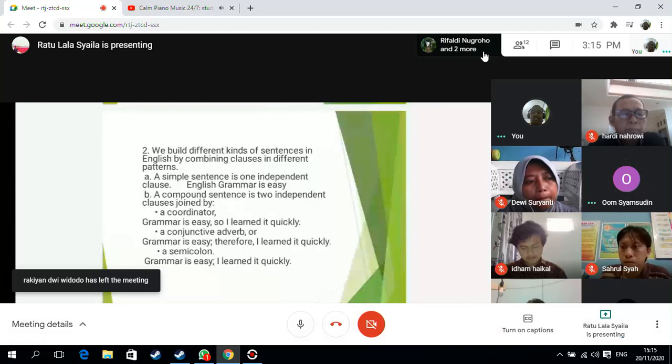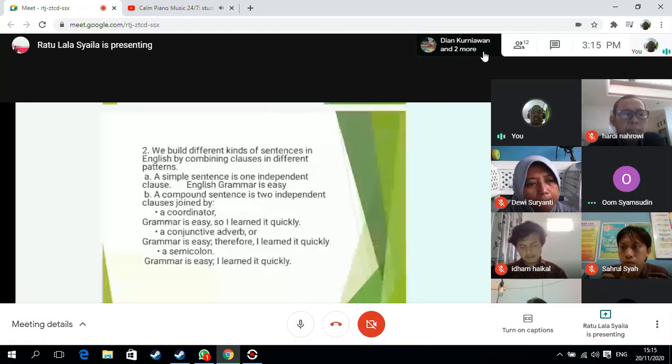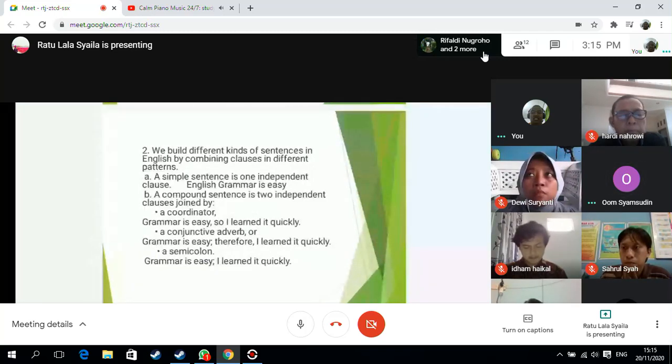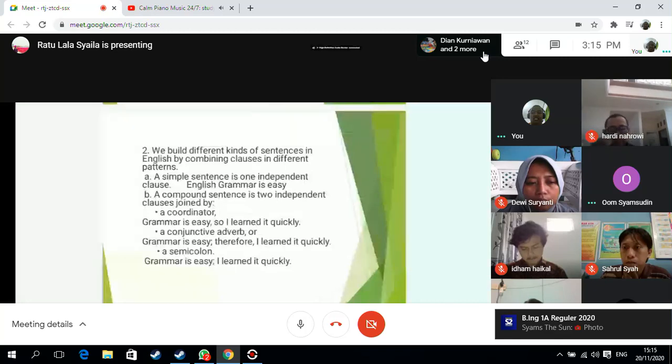Or with a conjunctive adverb. For example, grammar is easy, semicolon, therefore, comma, I learned it quickly. So with a semicolon, most of these examples are called a compound sentence.